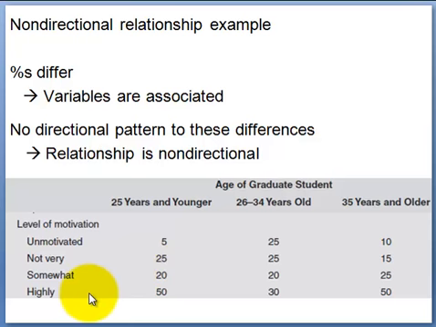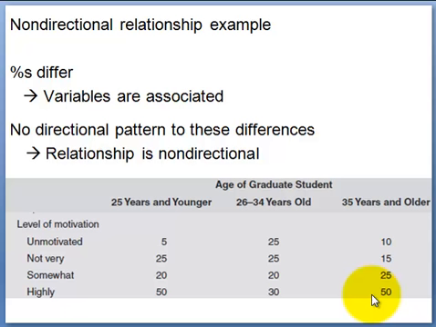Now then, let's focus on the highly motivated students and see how those percentages change as age group increases. For the 25 and younger group, we've got lots of highly motivated students, 50%, and that percentage goes down as we go to the middle age group, but then it goes back up again. So we've got differences in percentages again here.